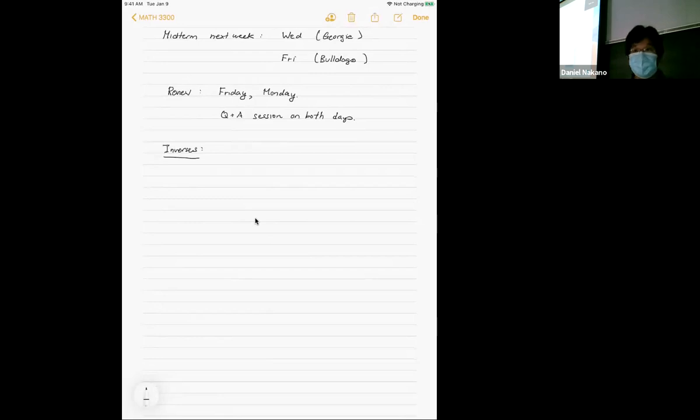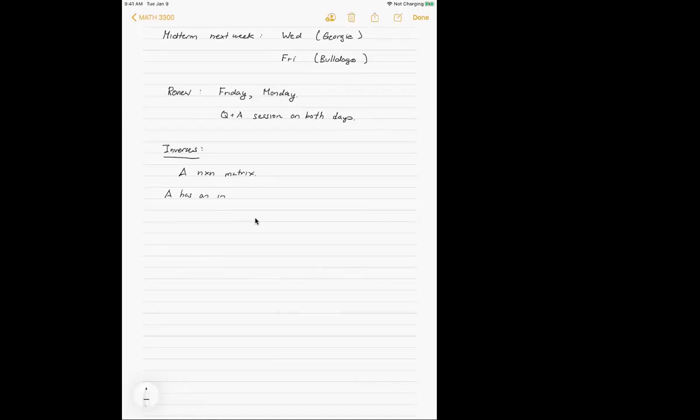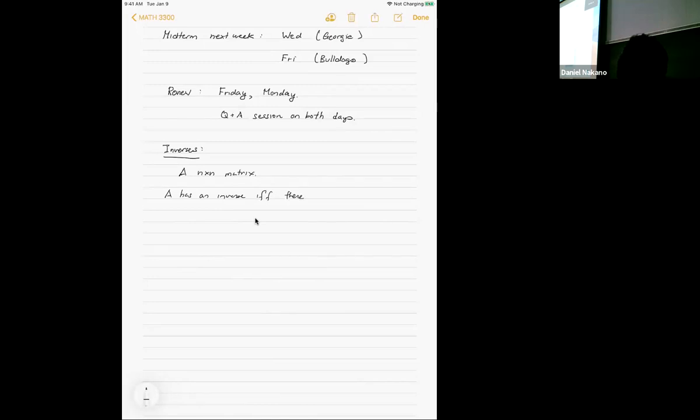And so what we'll do is start with our setup. Again, A is an n by n matrix. A has an inverse if and only if there exists a C, which is an n by n matrix, such that A times C is the identity and C times A is the identity also.